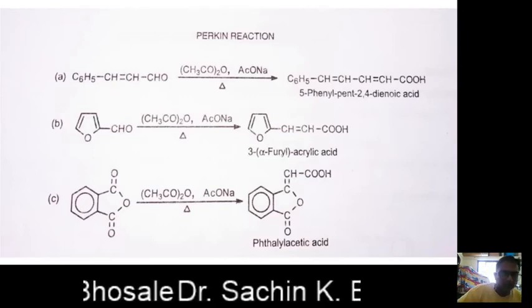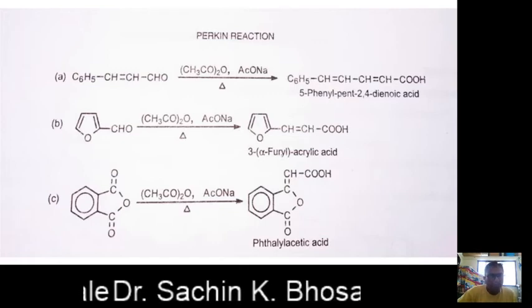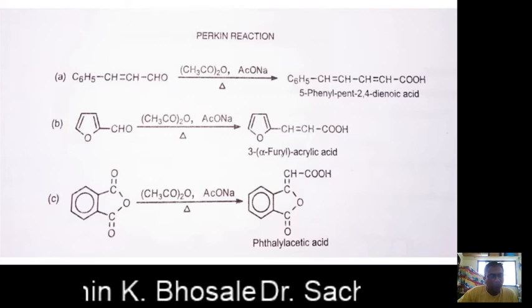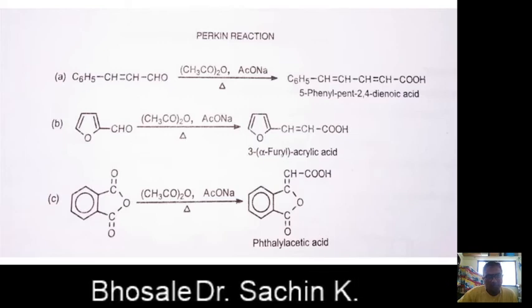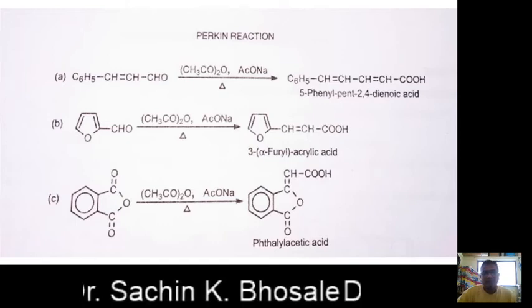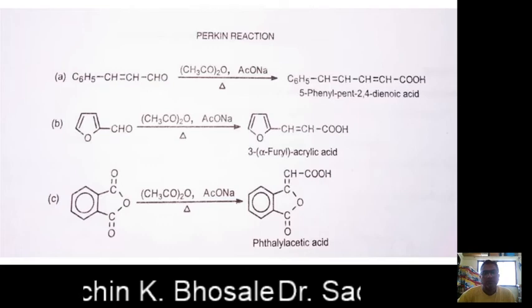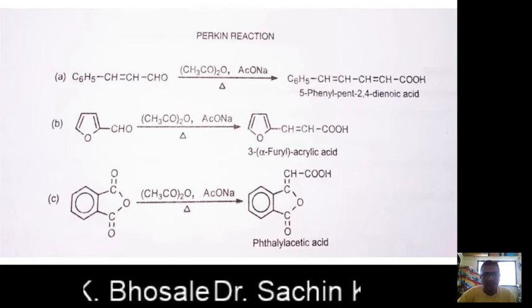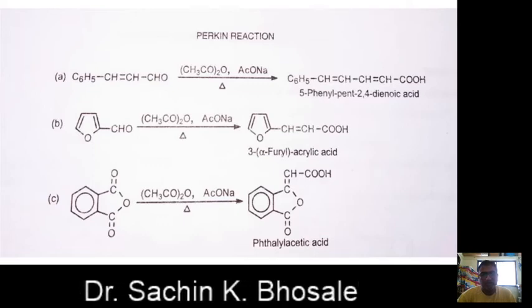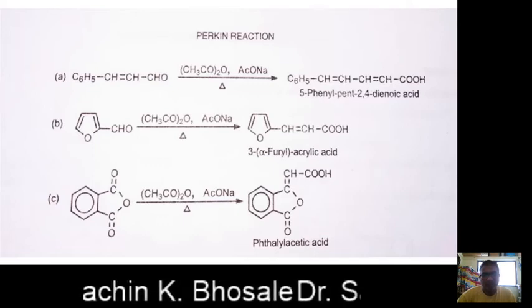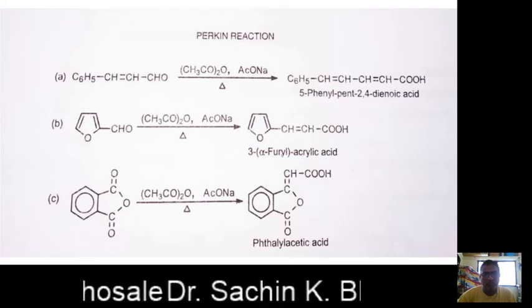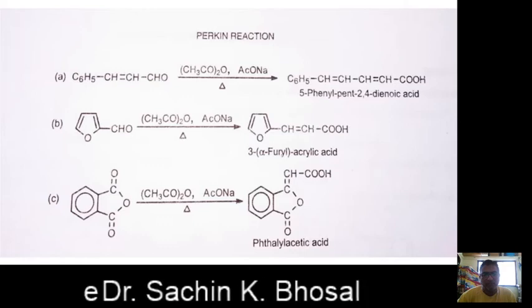Now this is propanol, with a phenyl at the 3rd position. So 3-phenyl propanal, when reacted with acetic anhydride and sodium acetate, gives this product. It is a dienoic acid. Numbering 1, 2, 3, 4, 5, at the 5 position is 5-phenyl pent.